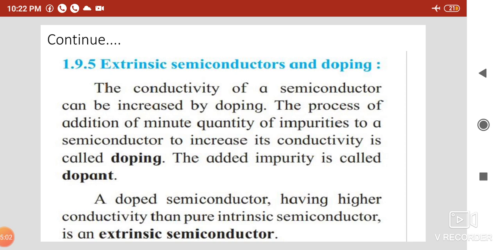Because of those impurities, they show electrical conductivity, and this electrical conductivity is more than that of the intrinsic semiconductor.